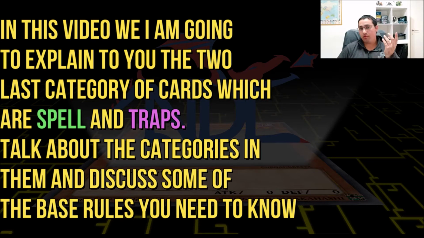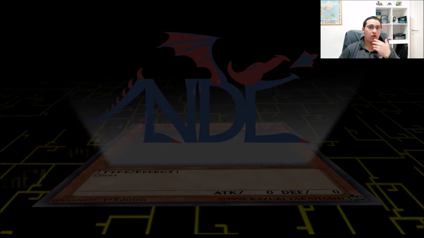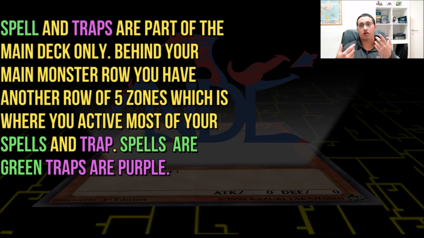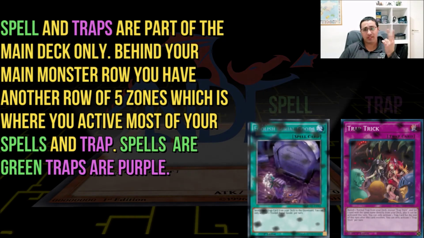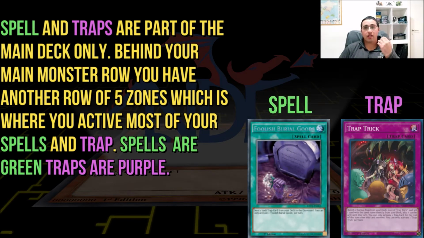But before we jump right into the actual categories of spells and traps, you're probably asking yourself, what exactly are spells and traps? Well, spells and traps are cards that you can only run in the main deck, which is basically the additional cards beside main deck monsters. They can be activated only in the row behind your monsters, which is the spells and traps zone.